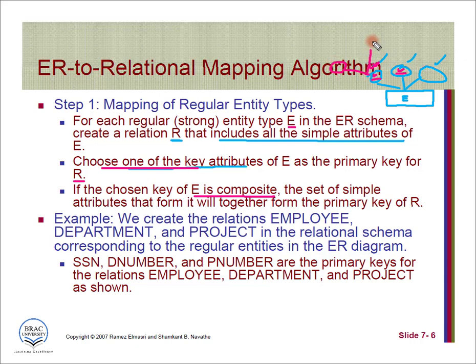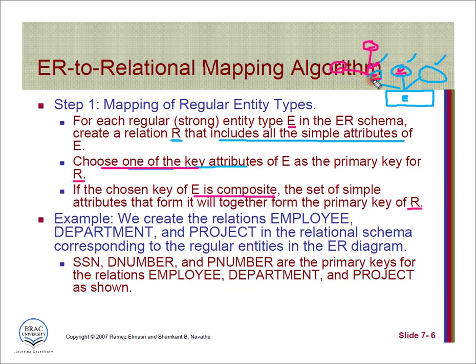Say this consists of these two attributes, and this is the key attribute or primary key in your relation. So what will happen? Actually, both of these will be the primary key in the relation R.